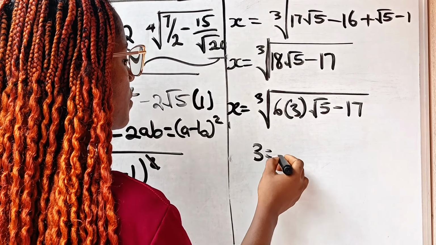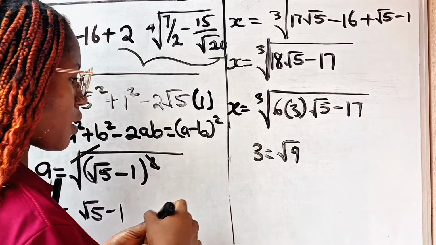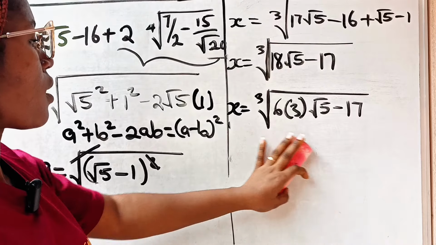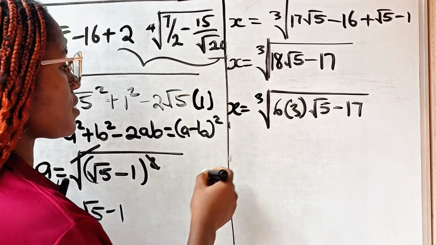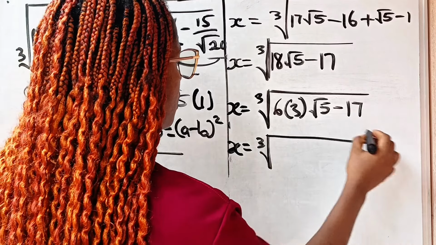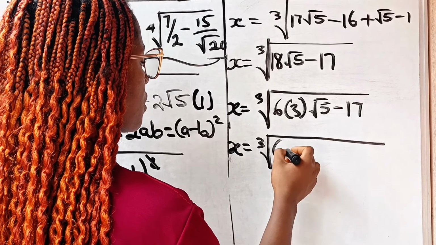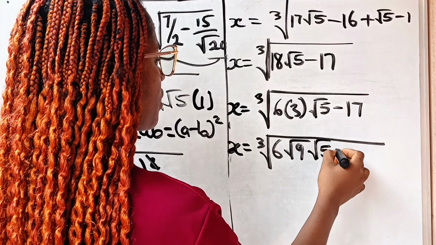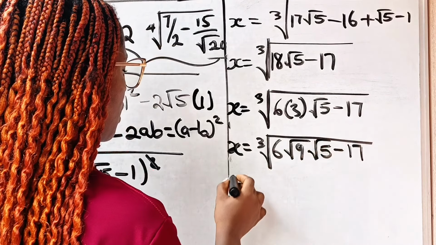Now note that 3 is same thing as square root of 9. So we can write this as x is equal to the cube root of 6 multiplied by root 9 multiplied by root 5 minus 17.